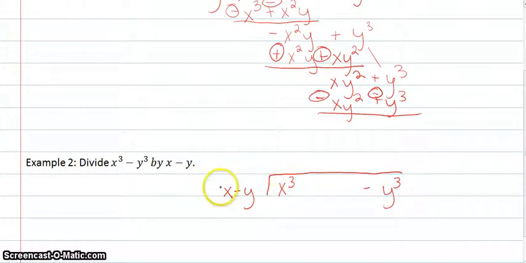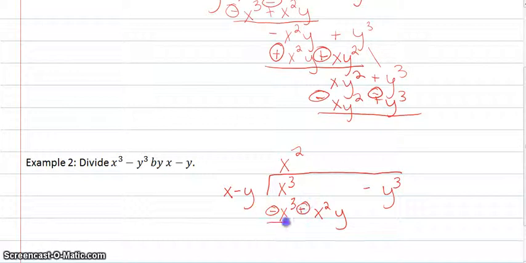So x cubed divided by x, first term divided by first term, that is x squared, and I multiply the x squared across. So I'll have x cubed minus x squared y. Then I change the signs because we're subtracting. The first two cancel. And then I have x squared y. I'm going to leave a space, minus y cubed.